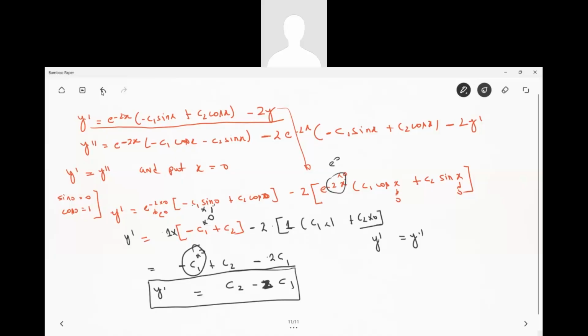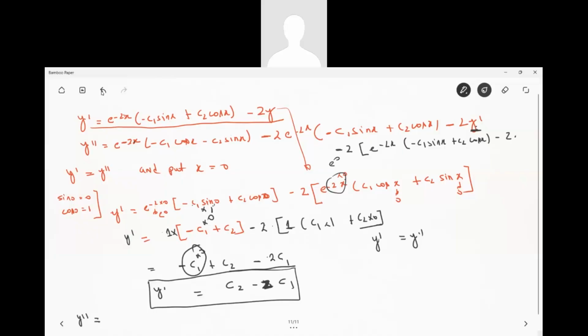Now for y double dash. Y double dash is nothing but e power minus 2x, but here you have minus 2y dash, so you have to put the whole equation for 2y dash. Minus 2y dash equation is e power minus 2x, minus C1 sin x plus C2 cos x, minus 2y.